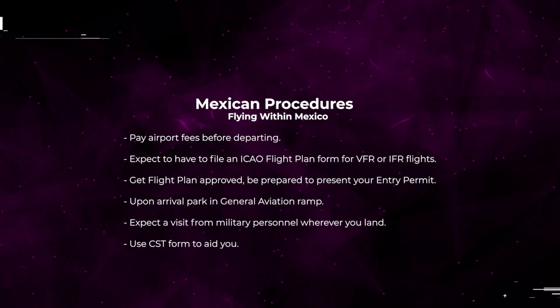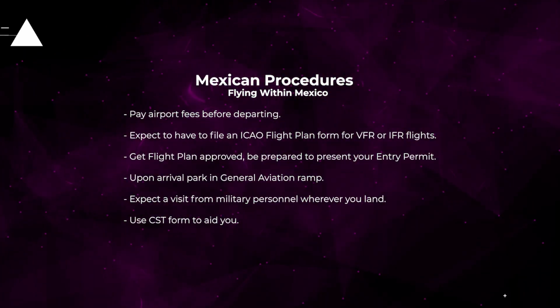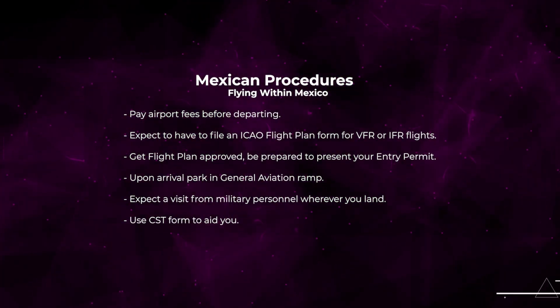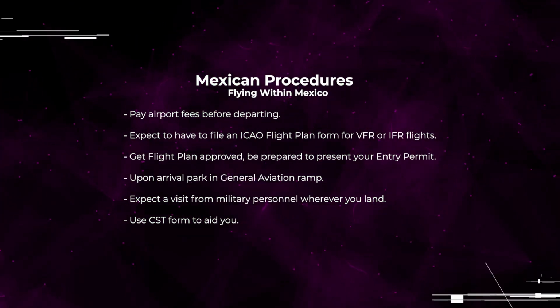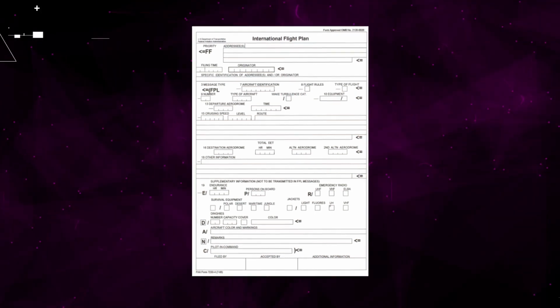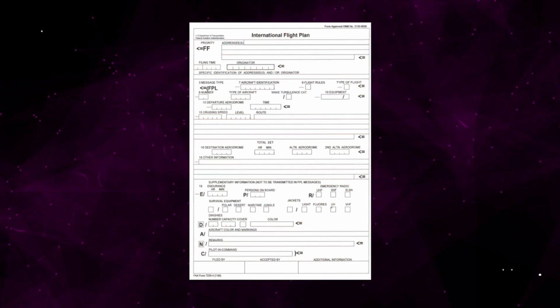Before departing an airport for another airport in Mexico, you need to make sure that you have paid any fees that are owed. For flying under IFR or VFR within Mexico, you will be asked to complete an ICAO flight plan form, and it will be on paper. You cannot use electronic apps for flights within Mexico.